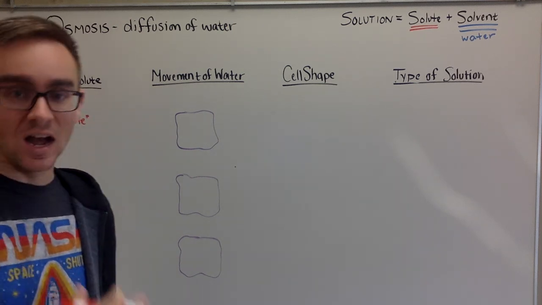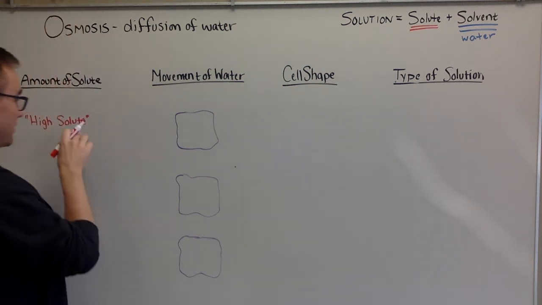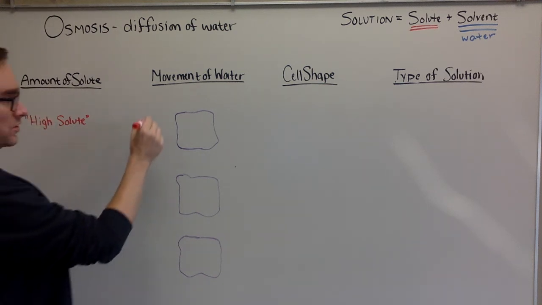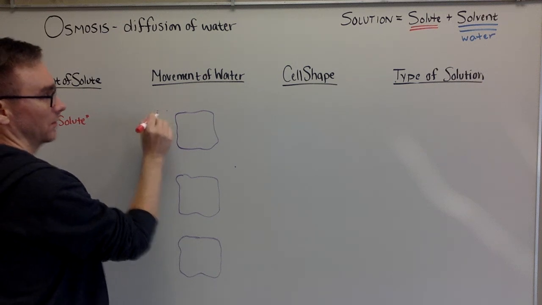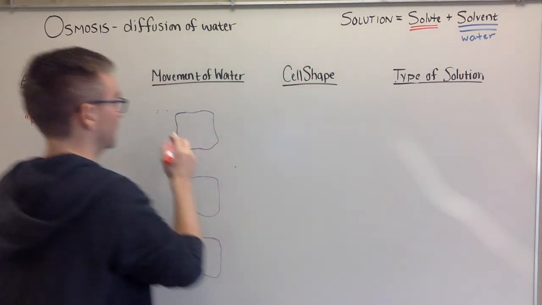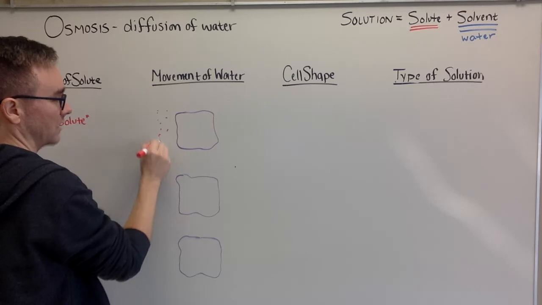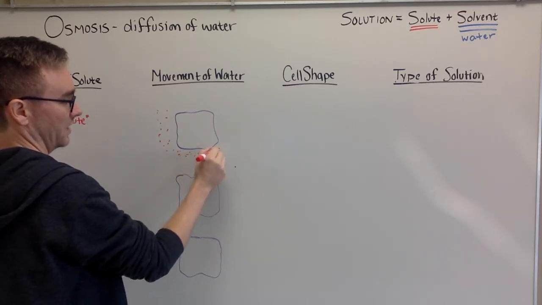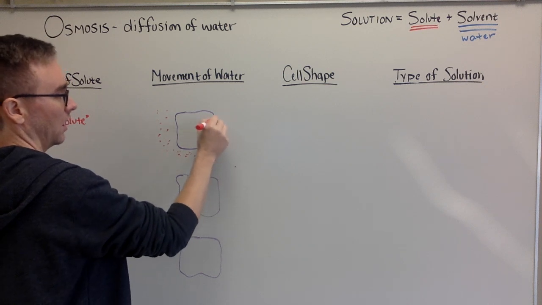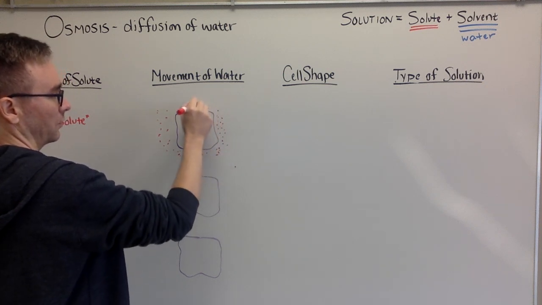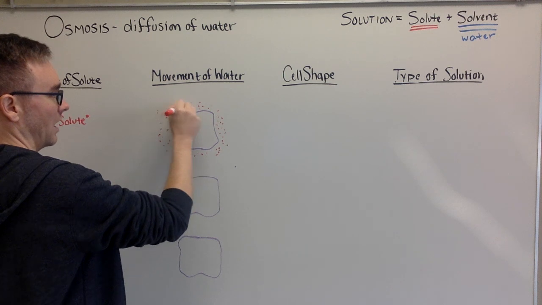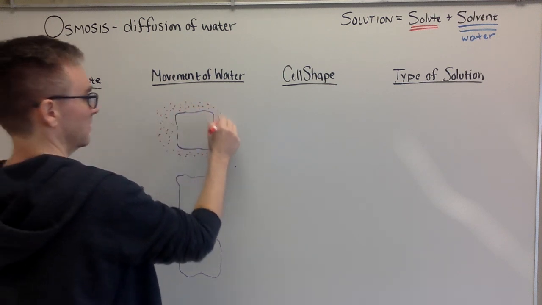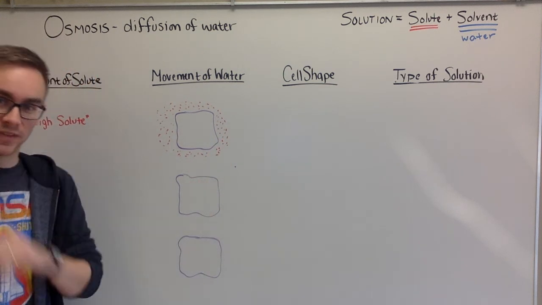This is a high solute solution, which means the amount of solute outside the cell, remember, two parts of the solution, is going to be a lot of solute outside the cell here. I'm just going to draw a lot of sugar or amino acids or proteins or whatever we're talking about, ions, sodium ions, potassium ions. We have a lot of solute there.